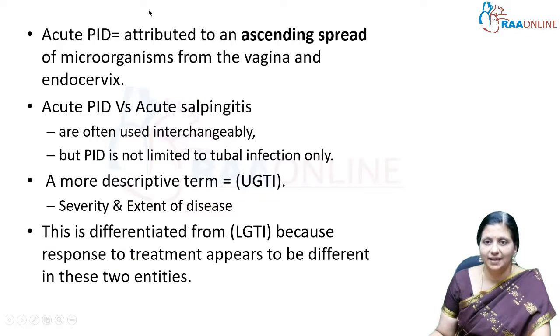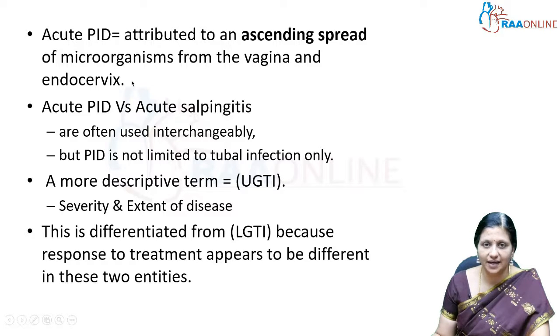Now acute PID is attributed to an ascending spread of microorganisms from the vagina and endocervix. Terms like pelvic inflammatory disease and acute salpingitis are often used interchangeably because the fallopian tube is the commonest site of affection. But pelvic inflammatory disease is not limited to tubal infection only.